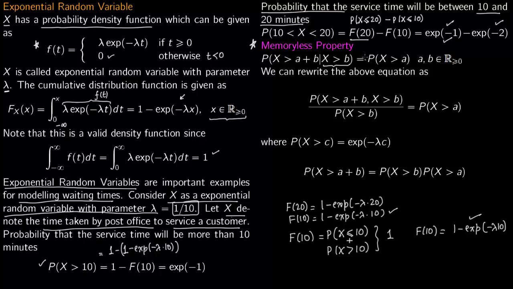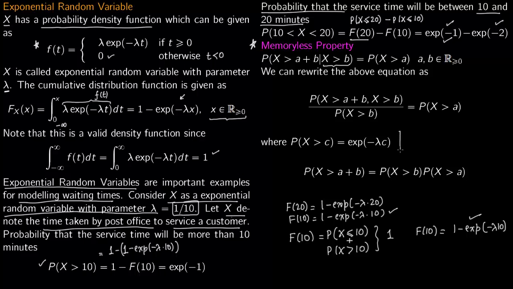So since this is a conditional probability, you write it as probability of x is greater than a plus b and x is greater than b divided by probability of x is greater than b. So we have to show this is equal to probability of x is greater than a. Now probability x is greater than c is given as exponential of minus lambda c.